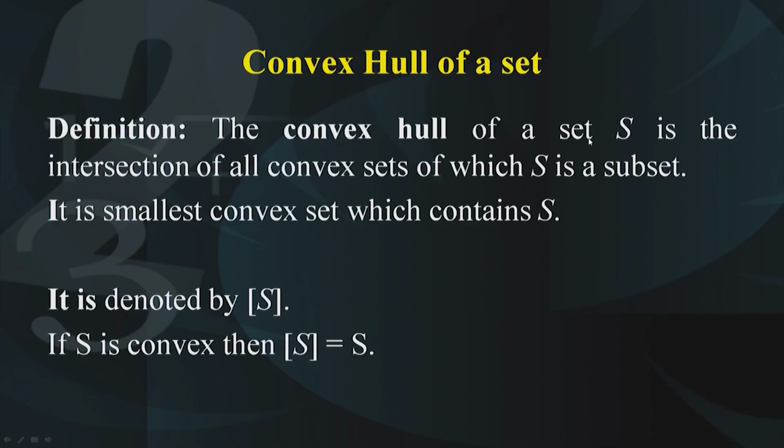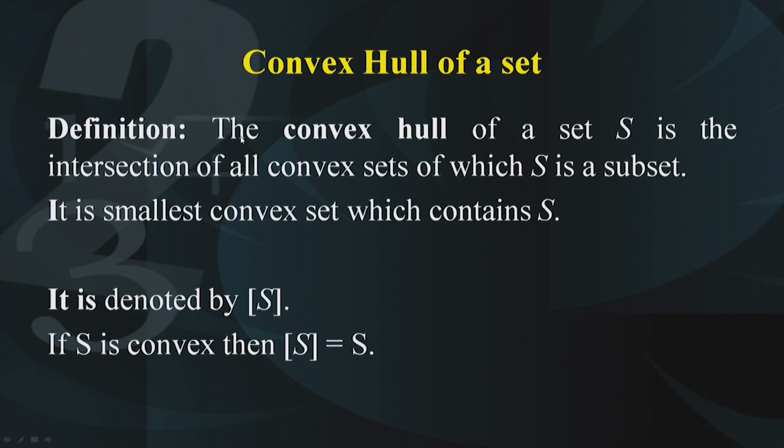So, the convex hull of a set S is the intersection of all convex sets of which S is a subset. Please note that in this definition, it is not necessary that the set S is convex. In general, S may or may not be convex.